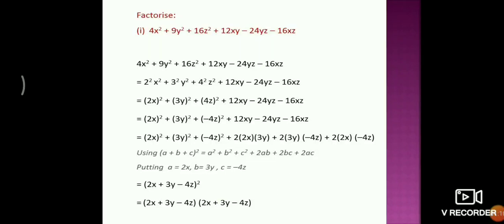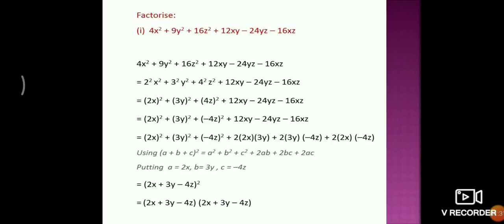So this is the first part: 4x square plus 9y square plus 16z square plus 12xy minus 24yz minus 16xz. The first step is to identify the type of identity which resembles this given polynomial.